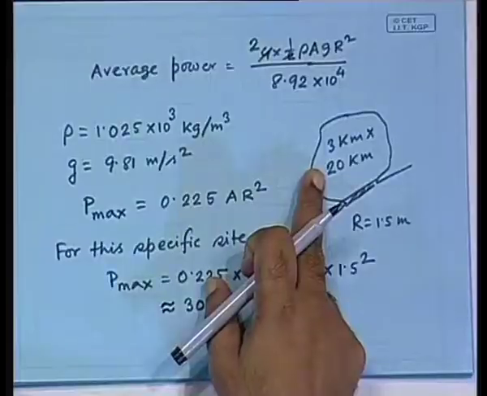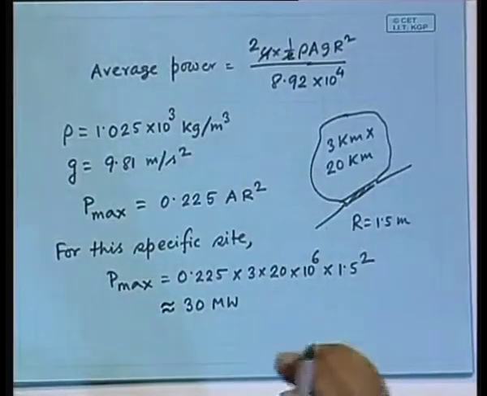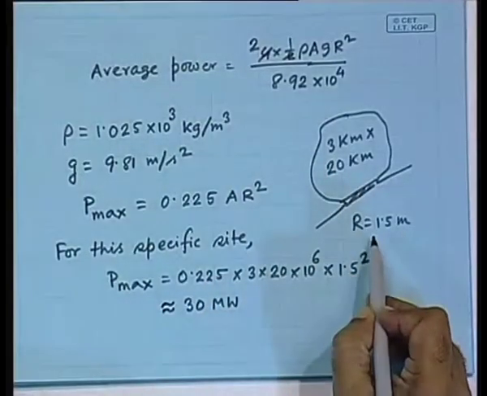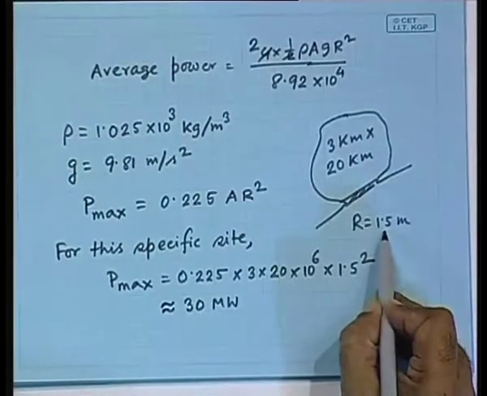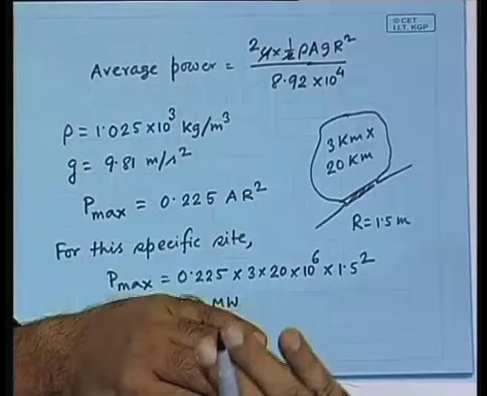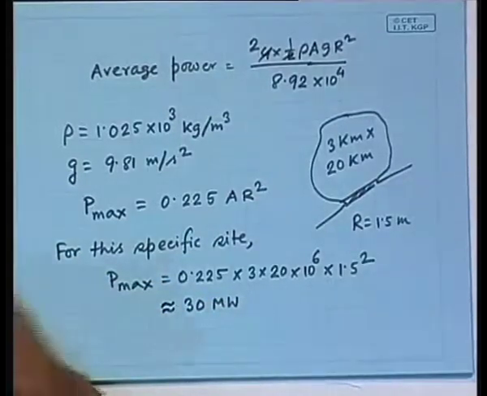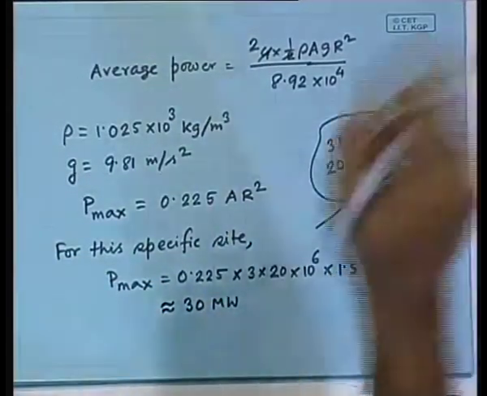So, 8 megawatts can be generated from a thing like this. Suppose now we allow us to increase the head to 2 meters from 1.5, small amount of increase. How much does the power capacity increase? Can you just calculate?